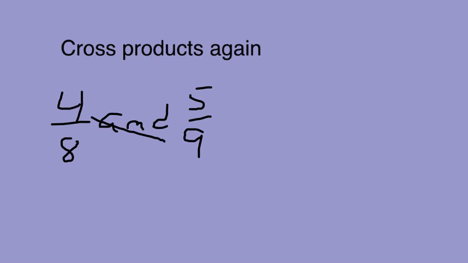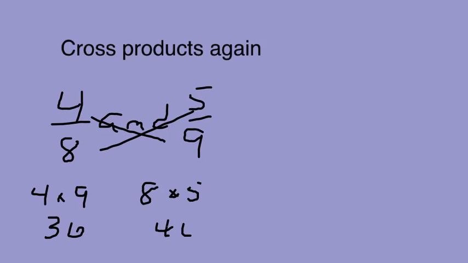So I'm going to multiply 4 times 9. 4 times 9 is 36. And I'm going to multiply 8 times 5. 8 times 5 is 40. These are not equal, so we would say no, these ratios are not proportional.